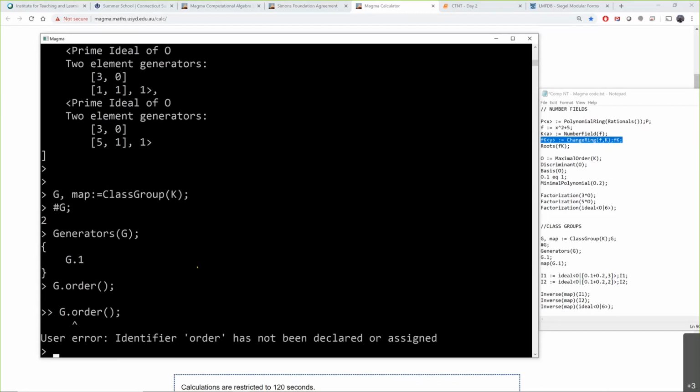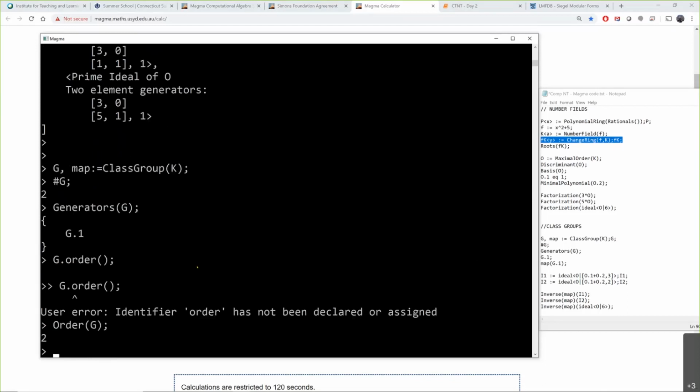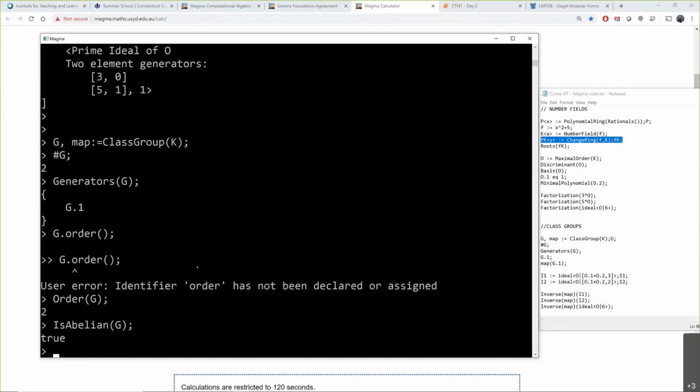Oops, that's a Sage command. So you can do things like this about groups. Is it abelian? Of course, it is a class group. Yes, but that is giving you the class group as an abelian group. So if you want to relate it back to information about your number field, then you need that map that connects the elements of the abstract group with actual ideals.